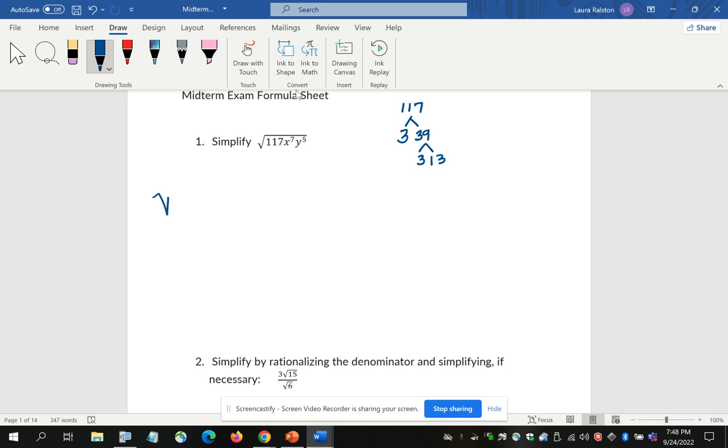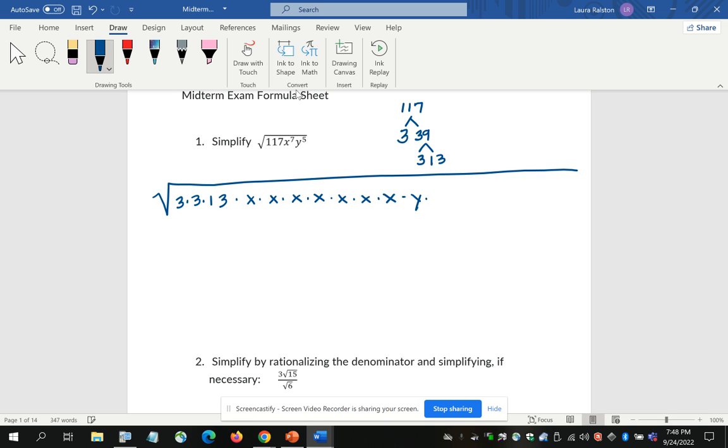So if we break this down and write it out, we have 3 times 3 times 13, and then you have x times itself 7 times, and y times itself 5 times.